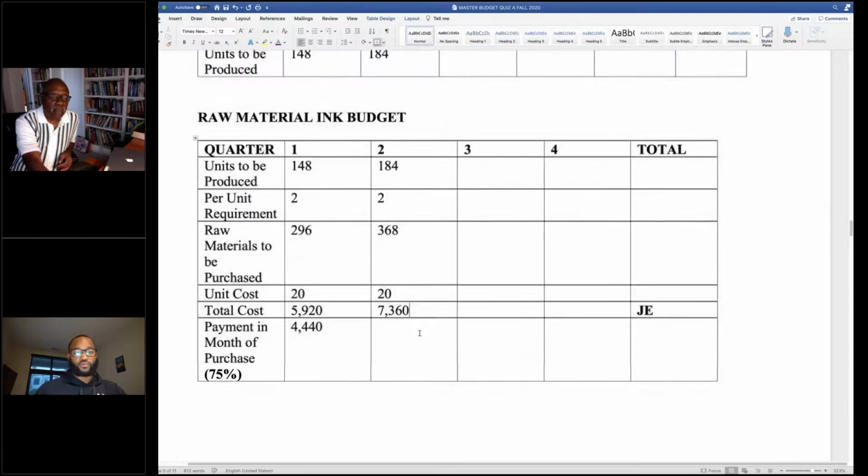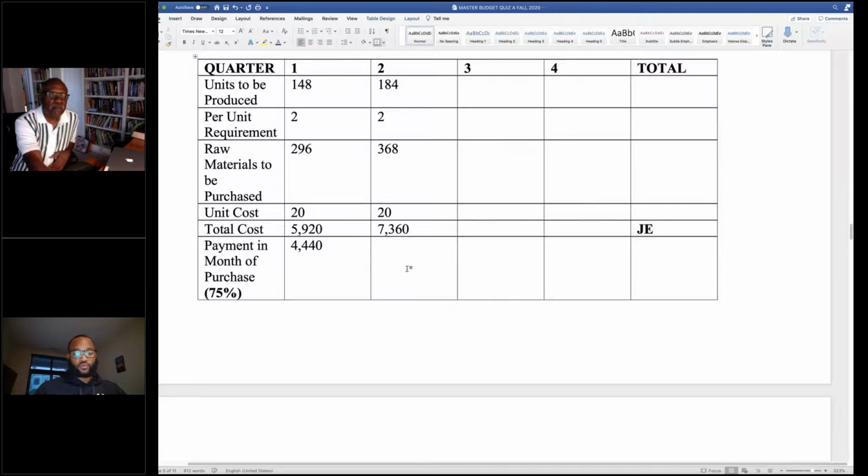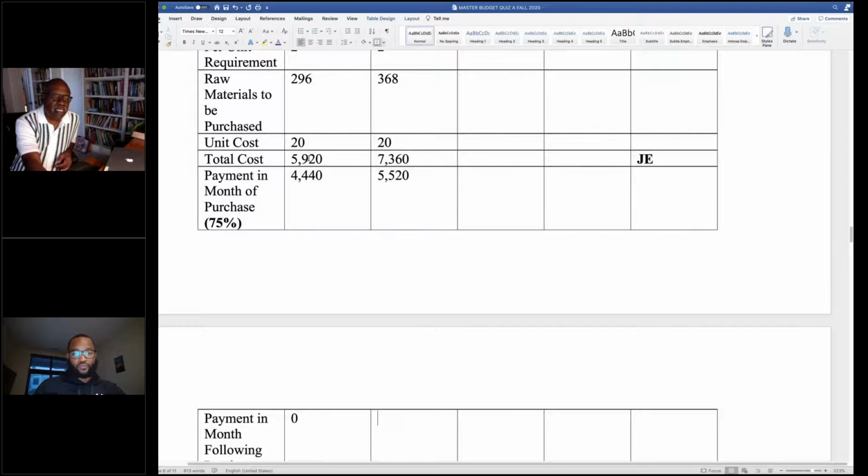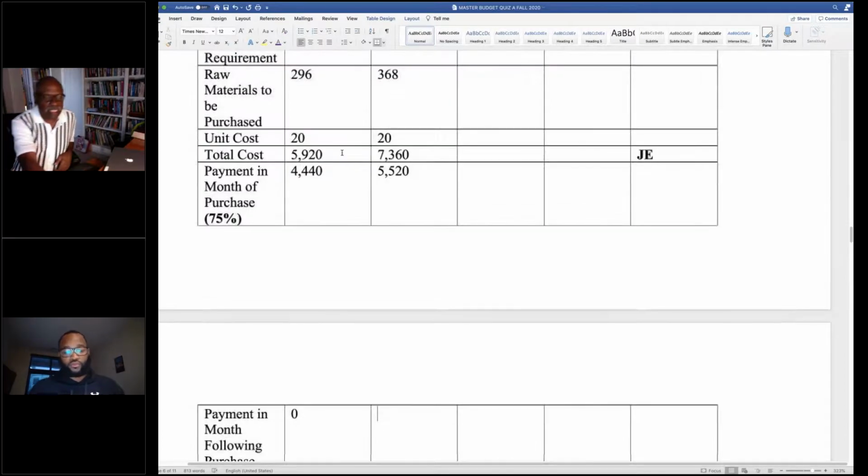We're going to pay 75% of this. That's 5,520. Now we got to go back in here and pay the money from last quarter. We paid 75%, so we got to pay the other 25% now. So we buy and pay 75% in the quarter, 25% the next quarter.